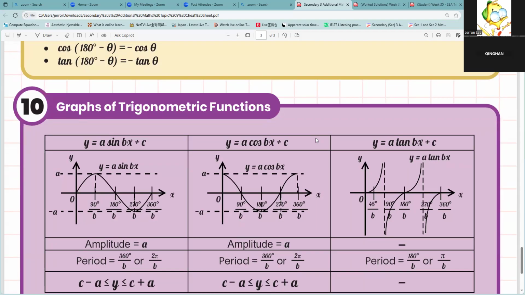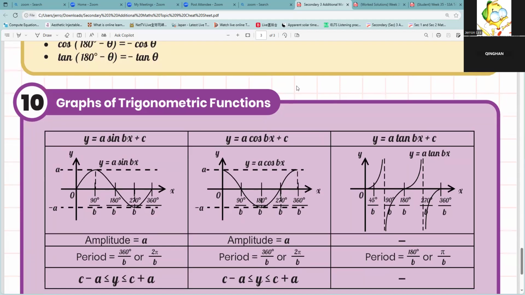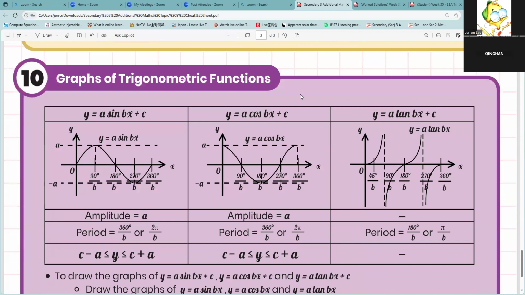Okay, then I'll share with you this first, because last week what we did was sketching of the functions. Just give me some time to explain how it works, then I'll go through the solutions for all these things.